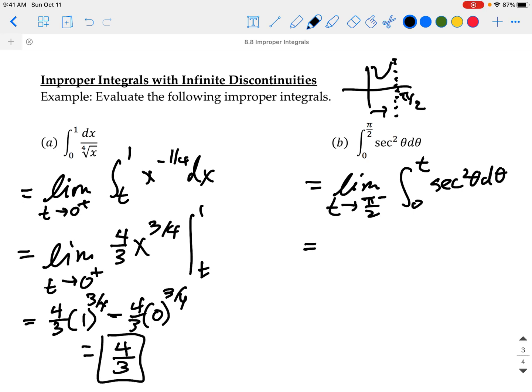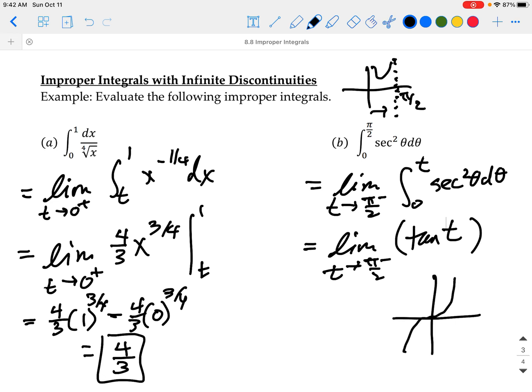Whereas if we look at our secant squared integral, we're going to get the limit as t approaches pi over 2 from the left of tangent t minus 0. And tangent as we approach pi over 2 from the left is going to be approaching positive infinity.